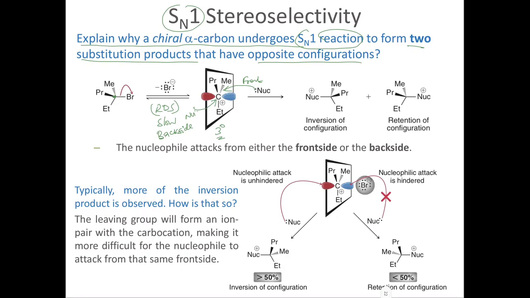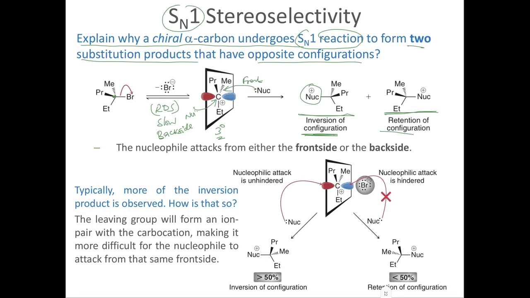When it attacks from the back side, we end up with one product. When it attacks from the front side, we end up with another product. And what you can see is there is inversion of configuration. So we end up with a mixture. One leads to retention of configuration, another leads to inversion of configuration.